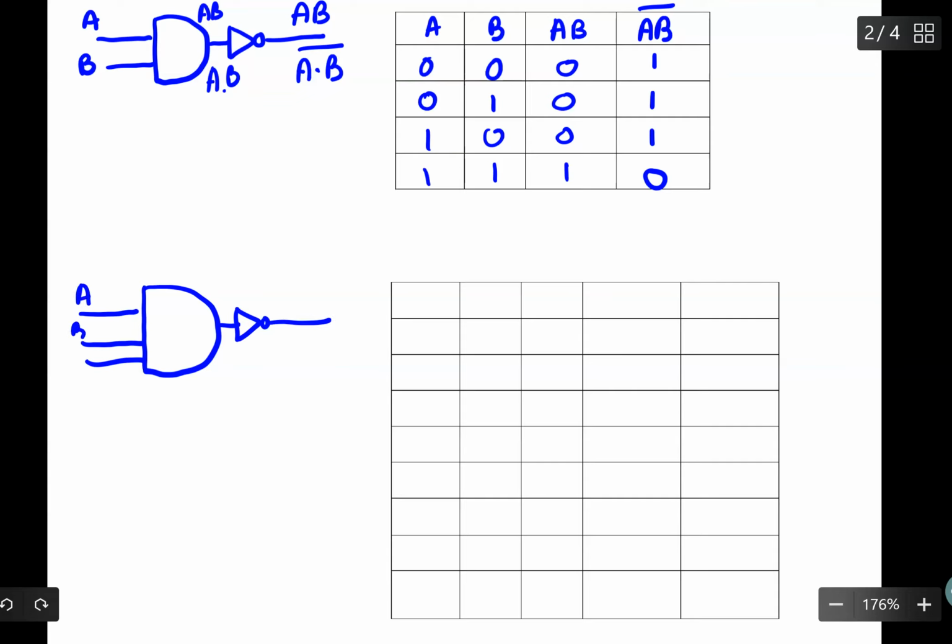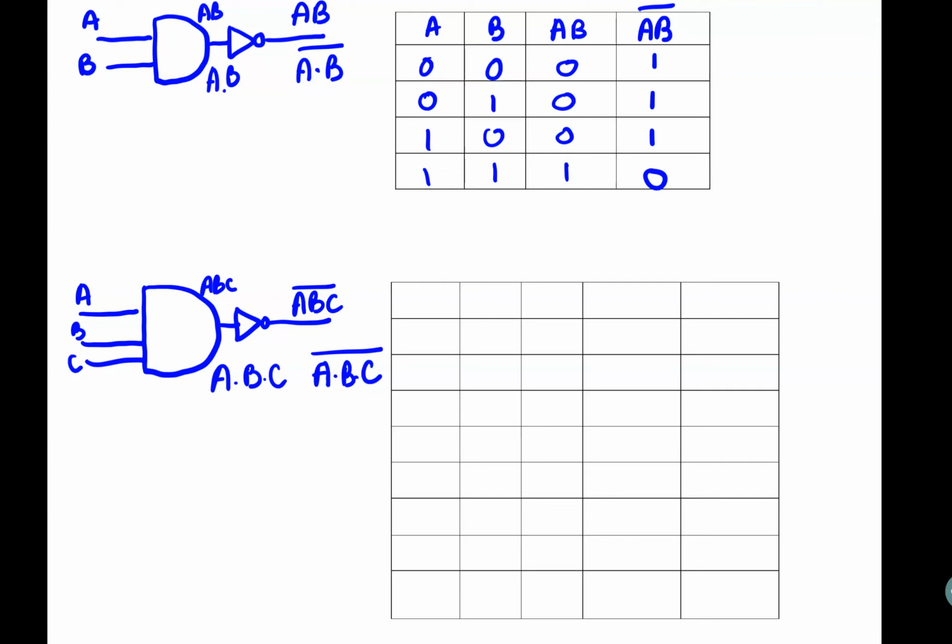So A, B, C. Coming out from here, I should have ABC, but then I invert the signal. You can write it as A dot B dot C, and all inverted.